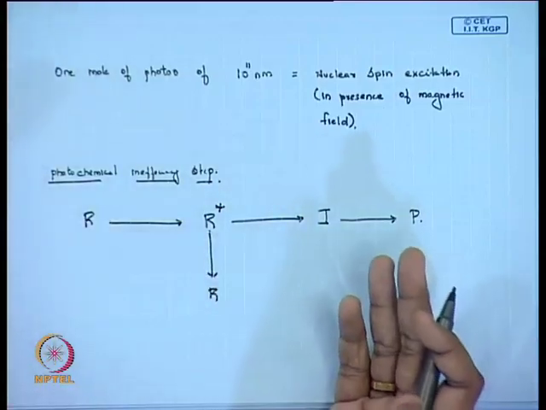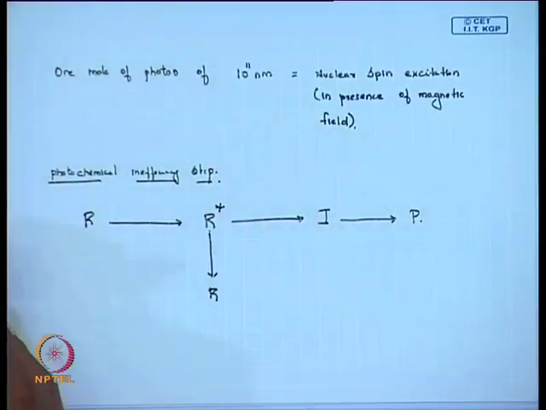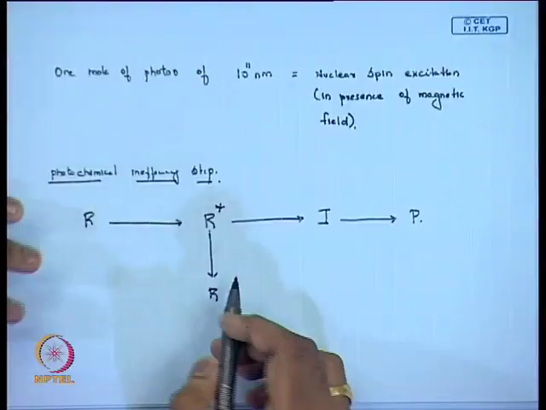For example, in a fluorescent process, your R gets excited to your R star, it does not undergo an intersystem crossing to give you an intermediate. Instead, this R star can come back to your R itself. So, it gets excited and gets back to your starting material itself.